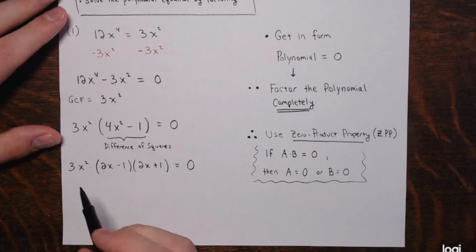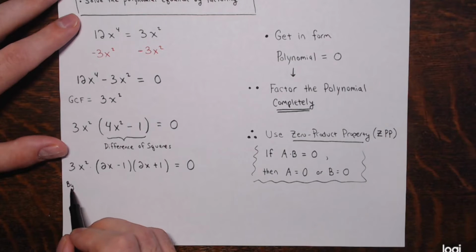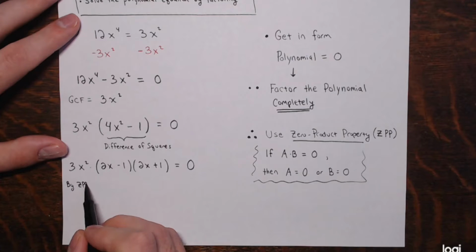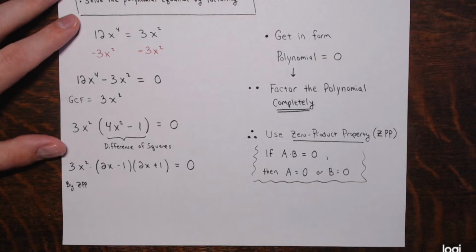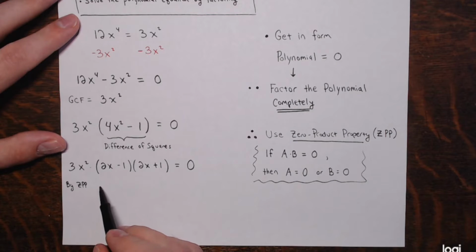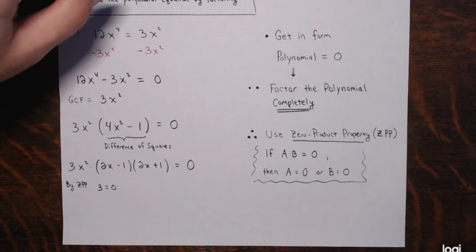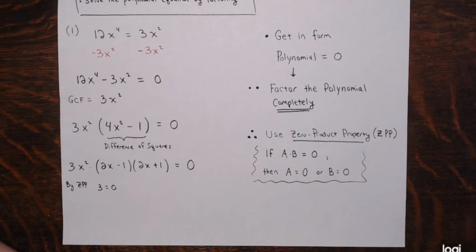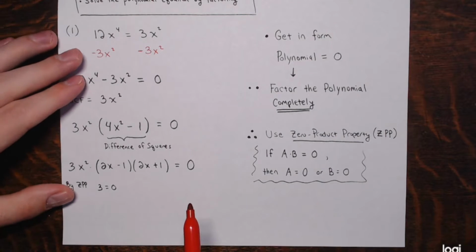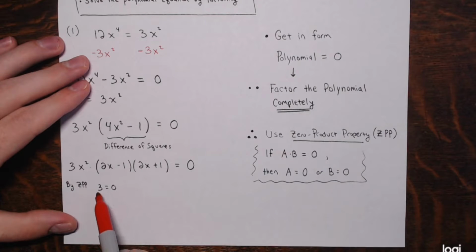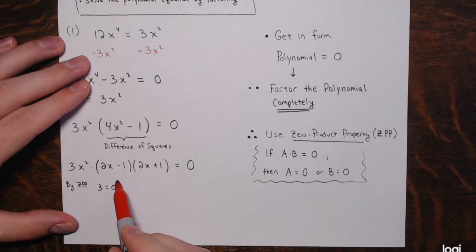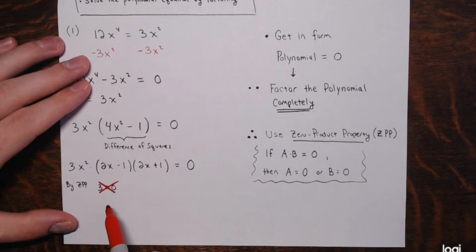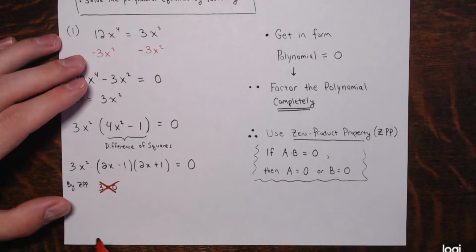Alright, so here, by the zero product property, either 3 equals 0, but I'm not getting any information out of that, right? That's why I don't want to factor any numerical or constant factors, because you're not going to get any solutions from those. 3 equals 0, that's definitely false. You're not going to get any solutions from this, so I'm going to ignore that.